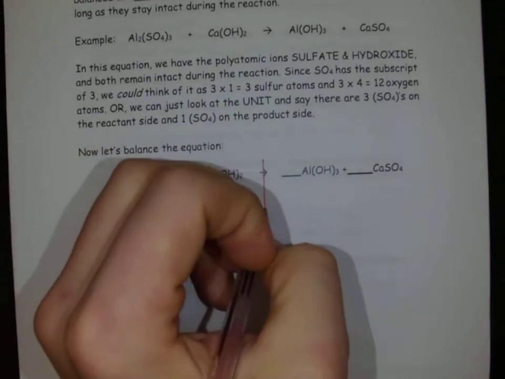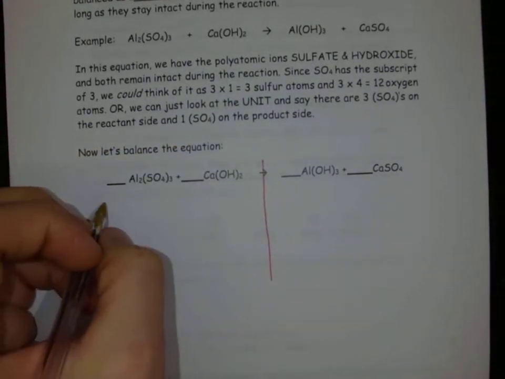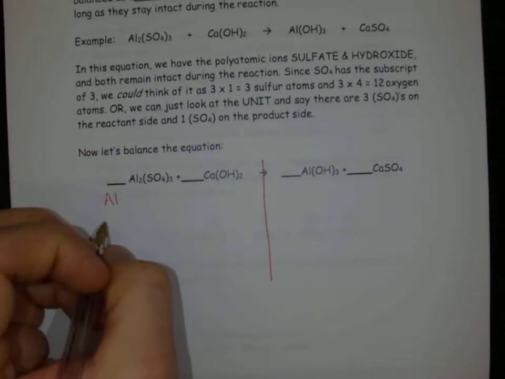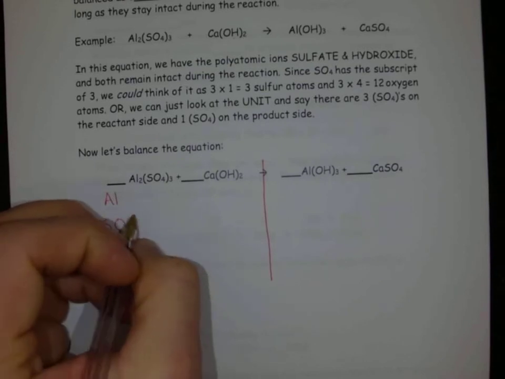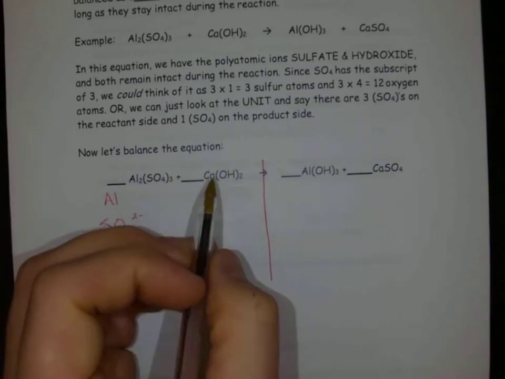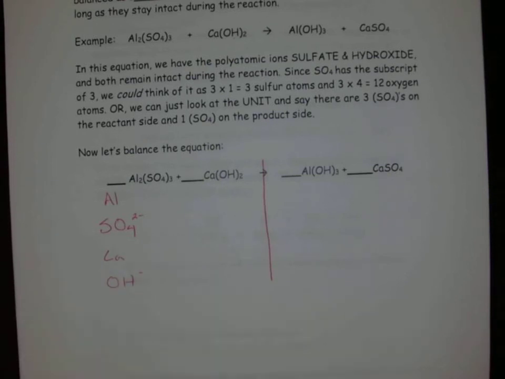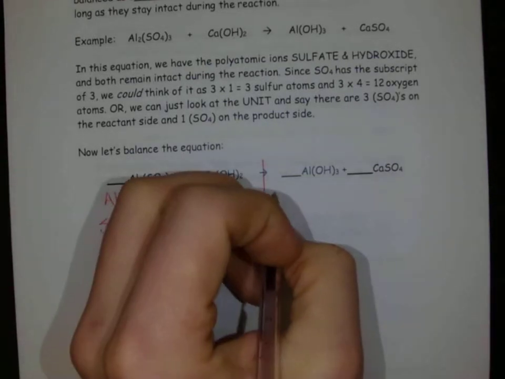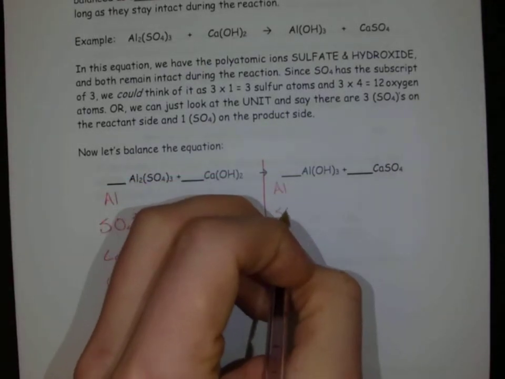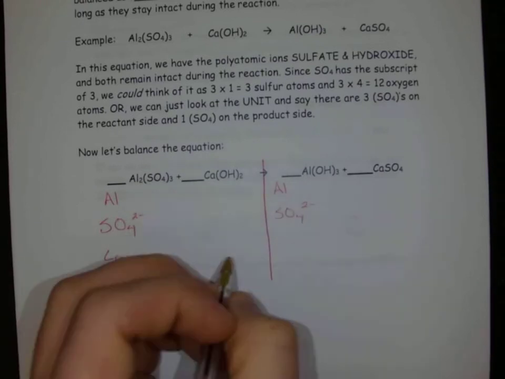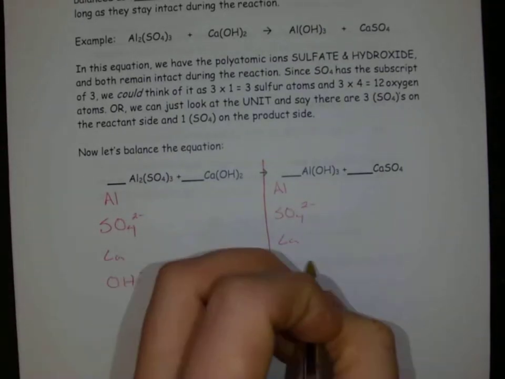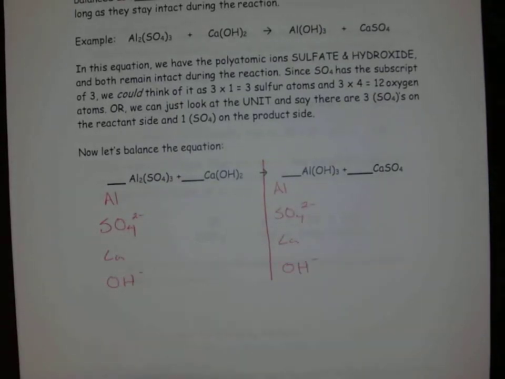We're going to split it in half: aluminum and sulfate, SO4 2-, calcium, and hydroxide, OH-. Let's put the same over on the right-hand side: Al, SO4 2-, Ca, and OH-.